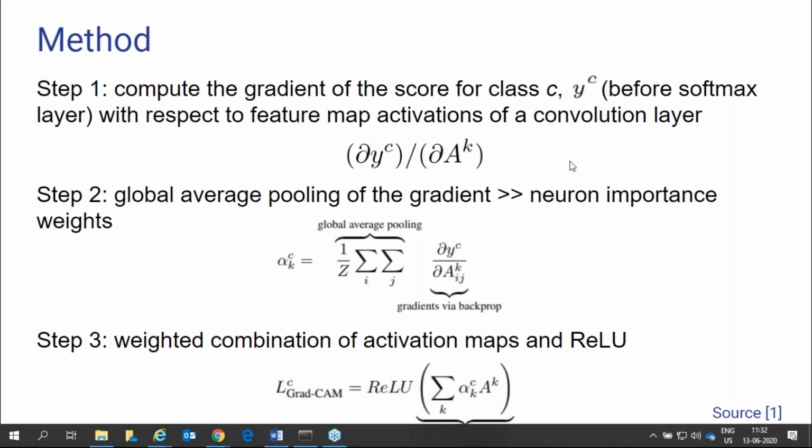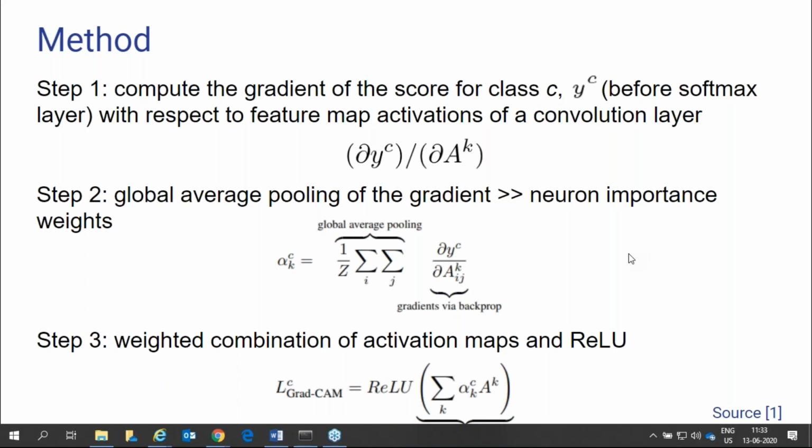Normally we have dJ over dW, right? The derivative of the loss function with respect to the weights. Here I don't have the loss function in the numerator. I have the y^c class score, and in the denominator I have the convolutional activation maps instead of the weights.